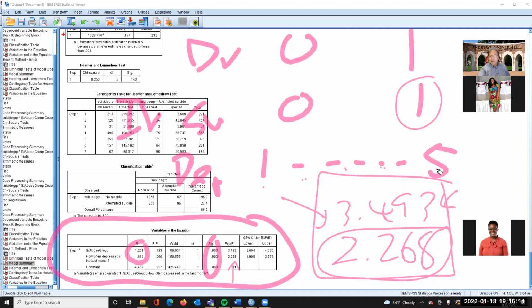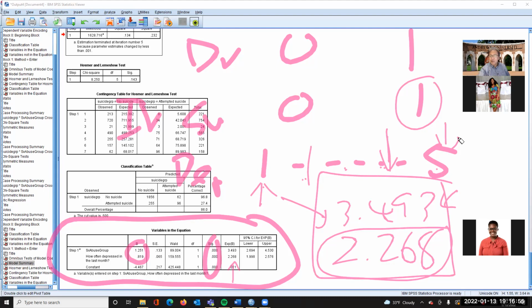In other words, compared to one, people at 2 are 2.3 times more likely to attempt suicide. Or if you are at 4, compared to a person at 4, a person who is at 5 is 2.3 times more likely to attempt suicide.